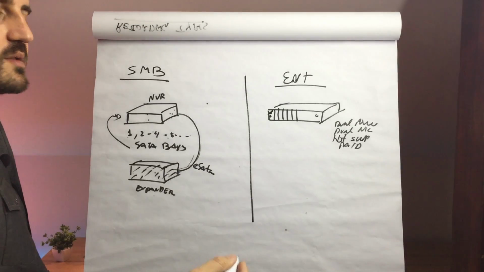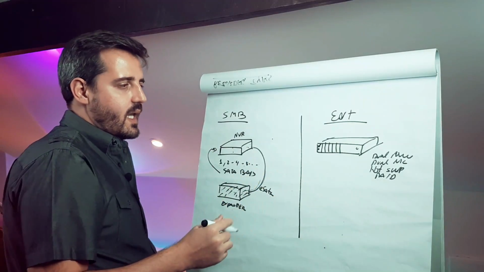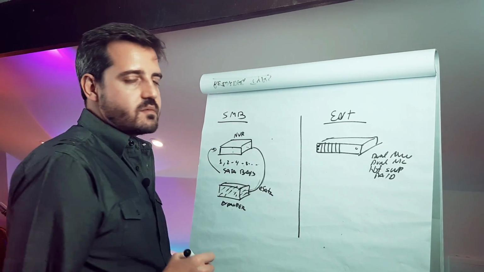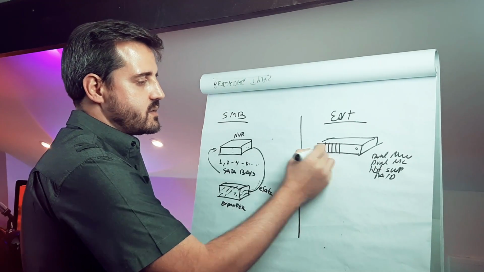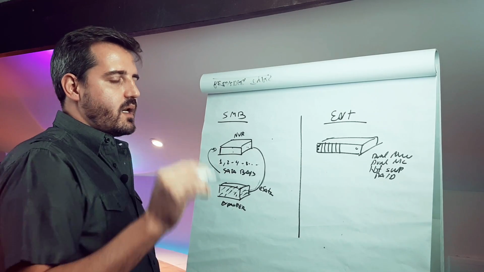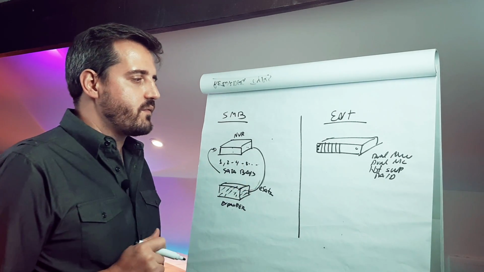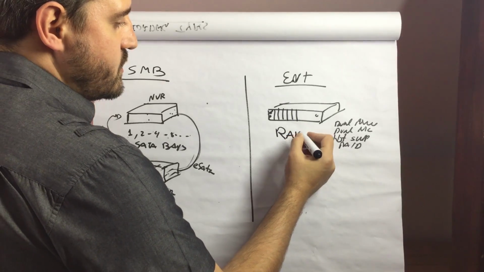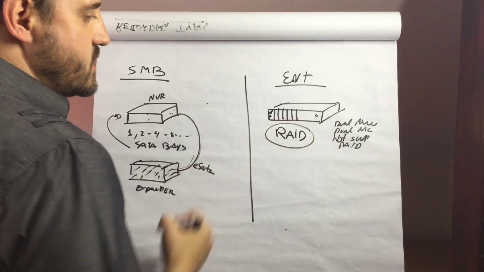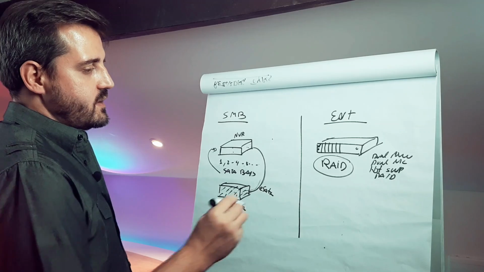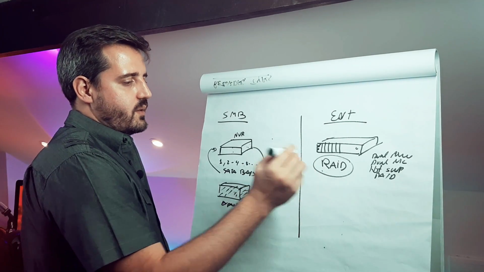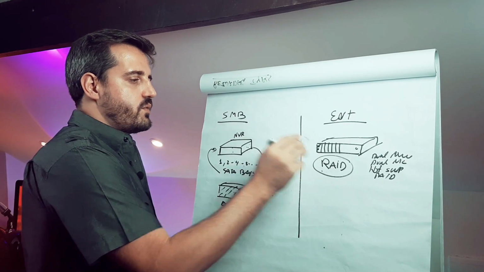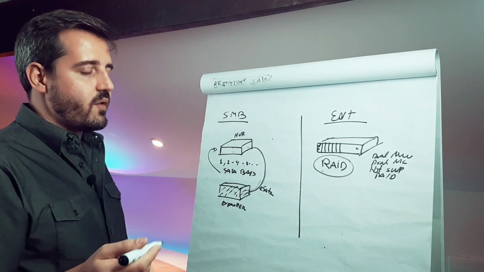drives on the fly, so the recorder is working and for some reason one of the hard drives fails. You know, it's raising an alarm that this hard drive is not working. With RAID, I will not go too deep, we will discuss this in another class, but this will ensure that the recording content will not be lost if one of the NVR hard drives fails.